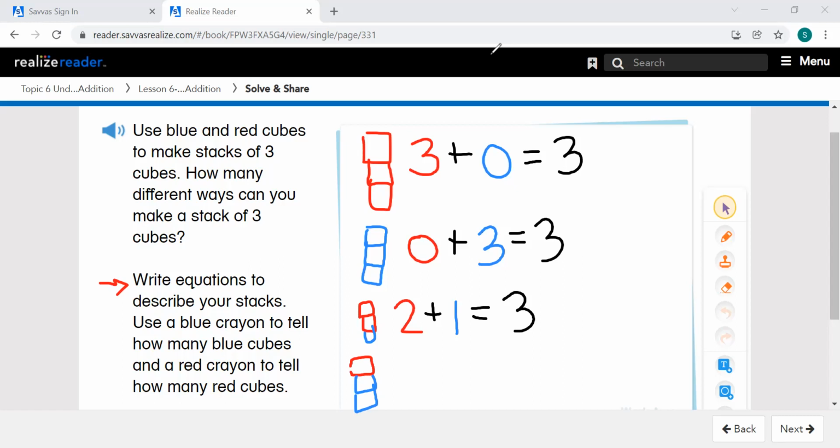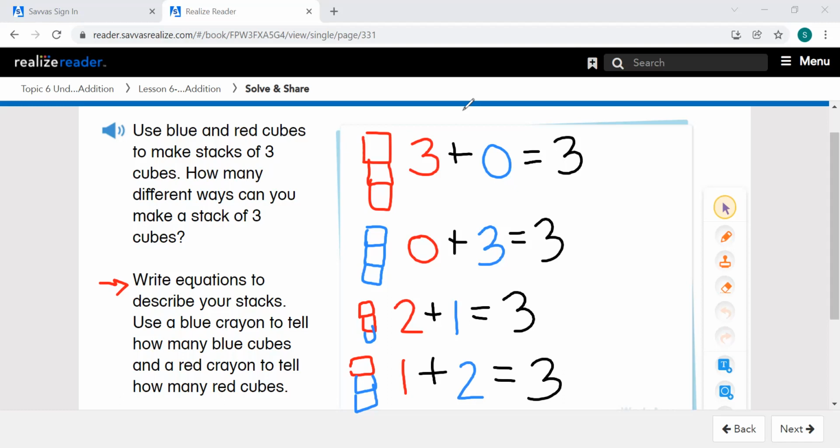So that is a stack of 3 using red and blue cubes. How many red cubes did I use? 1. And how many blue cubes did I use? 2. And that also equals 3.